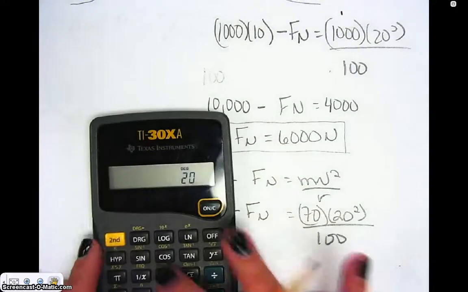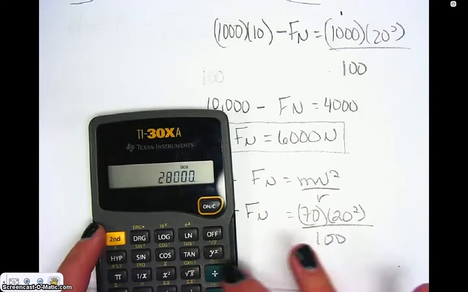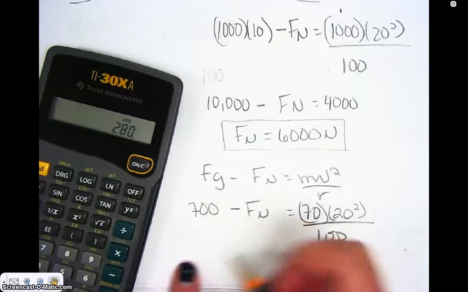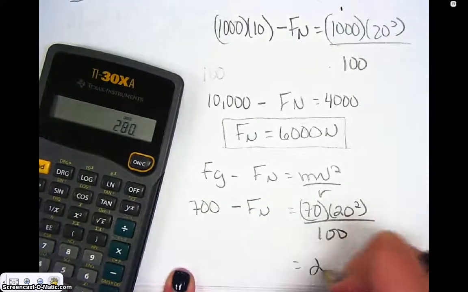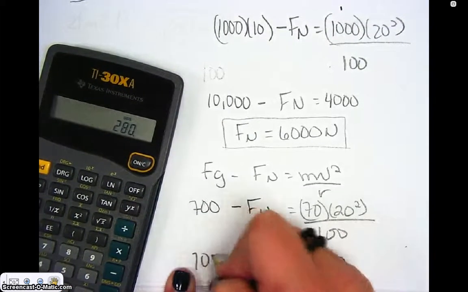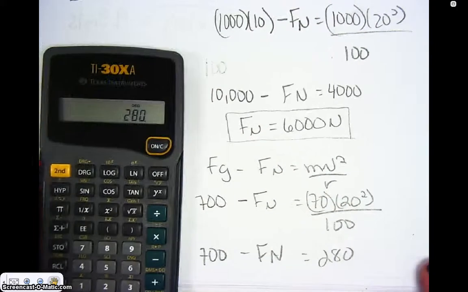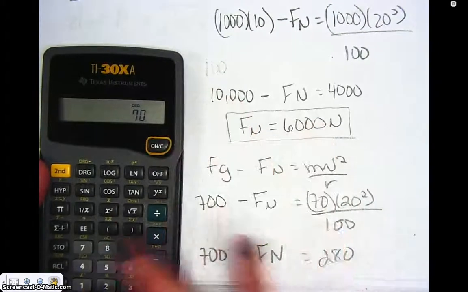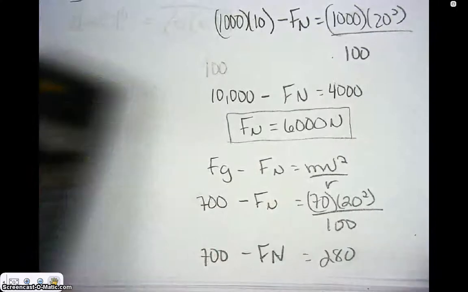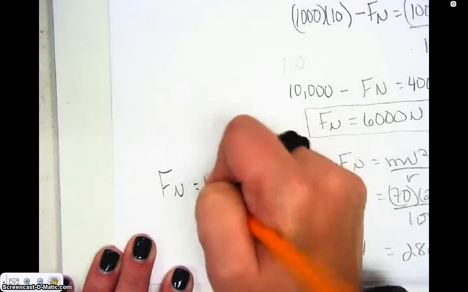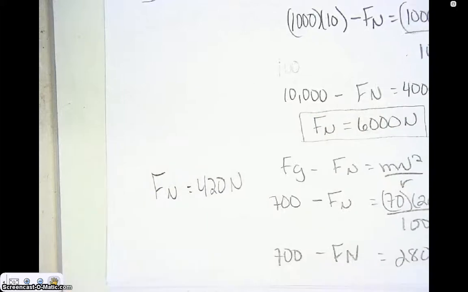So 20 squared times 70, divided by 100, gives 280. So 700 minus normal force equals 280, and 700 minus 280 is 420. So the normal force in that case would be 420 newtons.